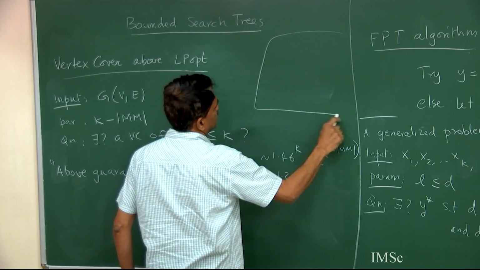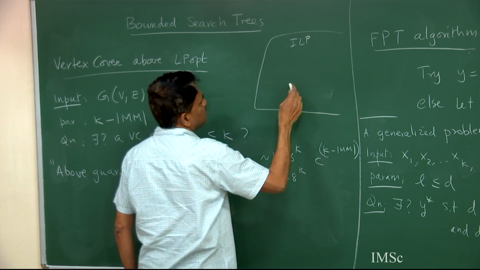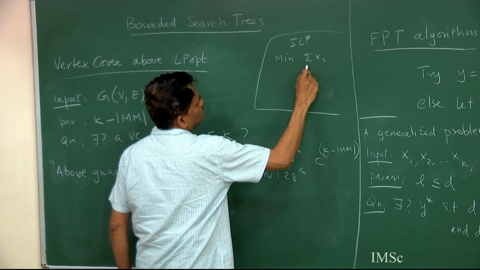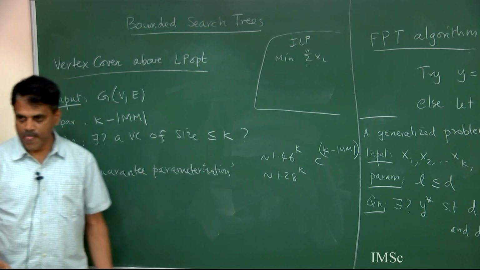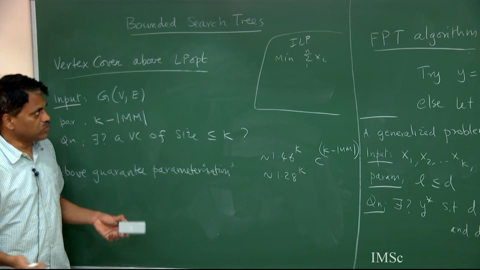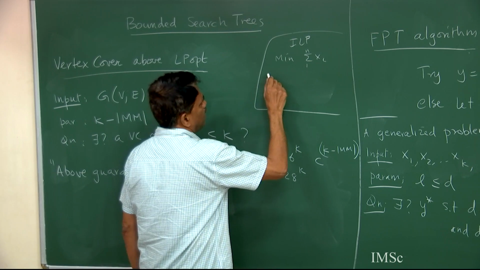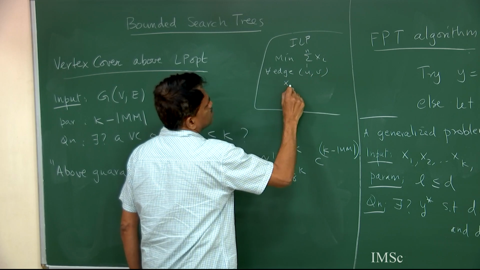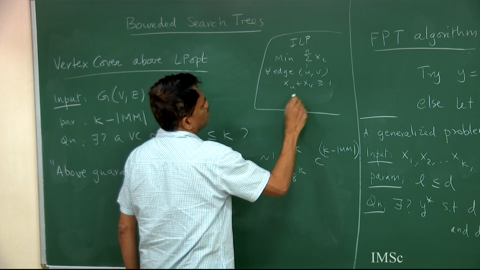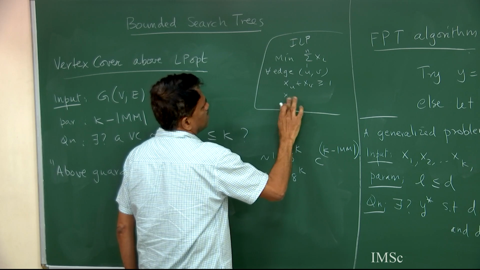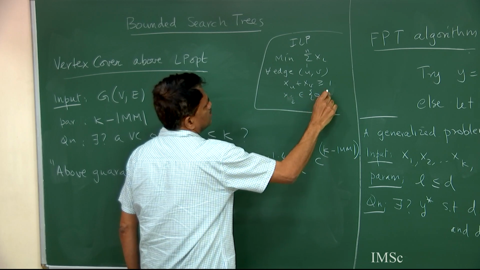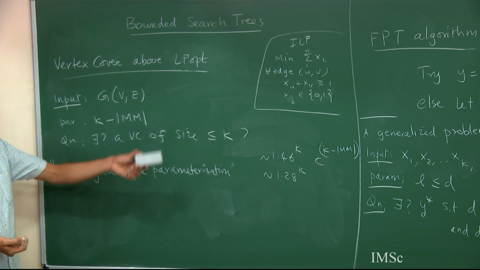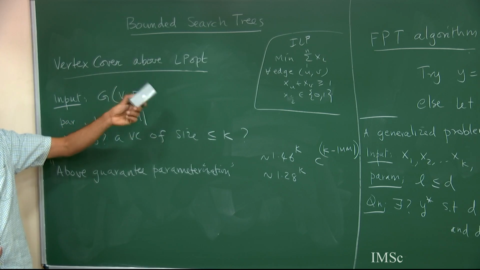An integer linear programming formulation for minimum vertex cover is: minimize the summation of x_i. There is a variable for every vertex, and 1 means it is in the solution, 0 means it is not. That's the interpretation. And for every edge uv, x_u plus x_v is greater than or equal to 1, and x_i is 0 or 1. So it's actually a 0-1 linear program for vertex cover. This exactly captures vertex cover, right.